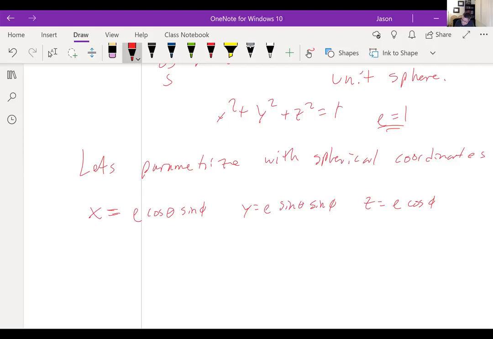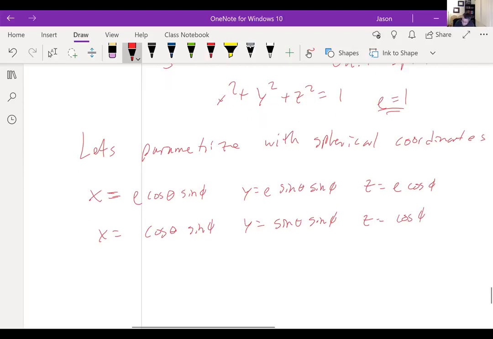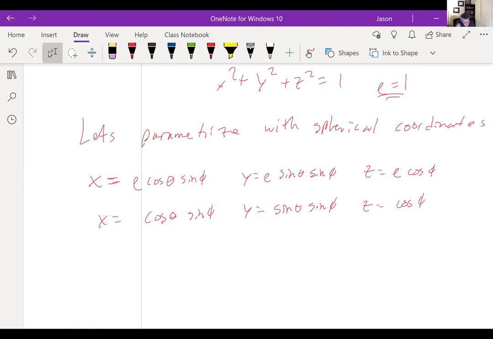It's not r squared, it's just 1. So x is equal to cosine theta sine phi, y equals sine theta sine phi, and z is equal to cosine phi. So those are my parameters.